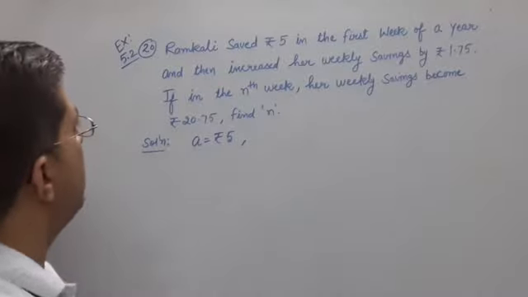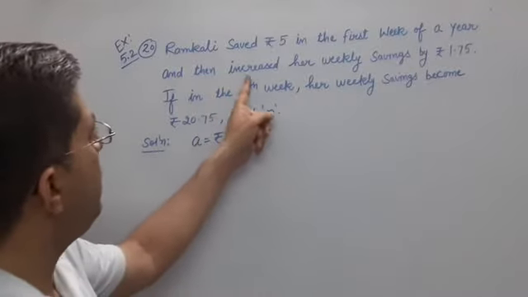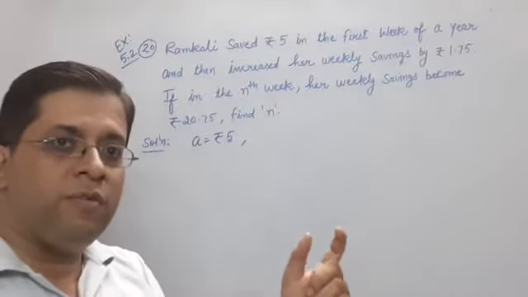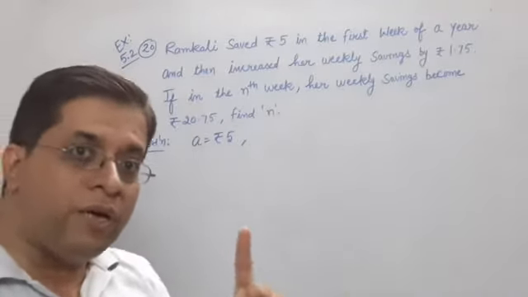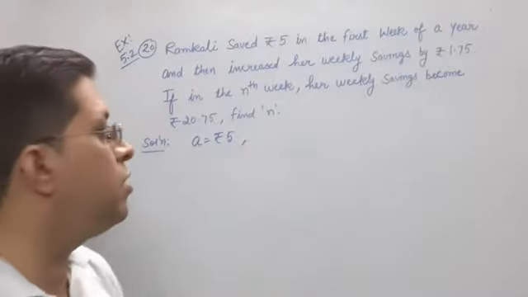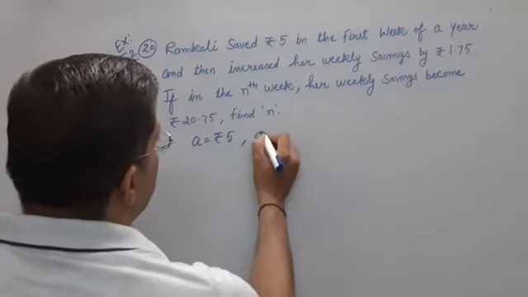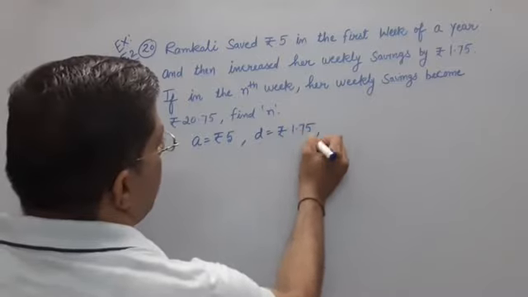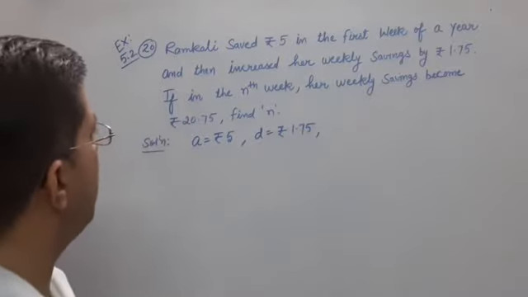Increase in savings means the common difference D is given, 1.75.